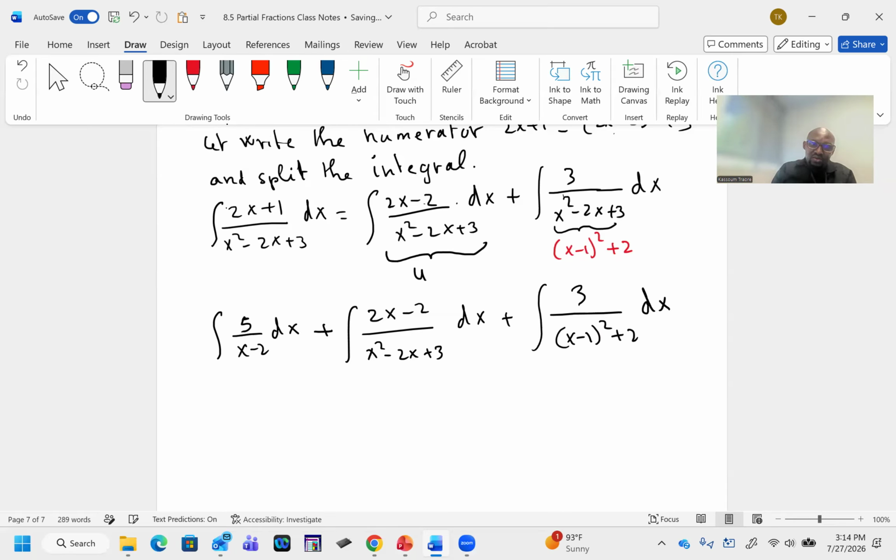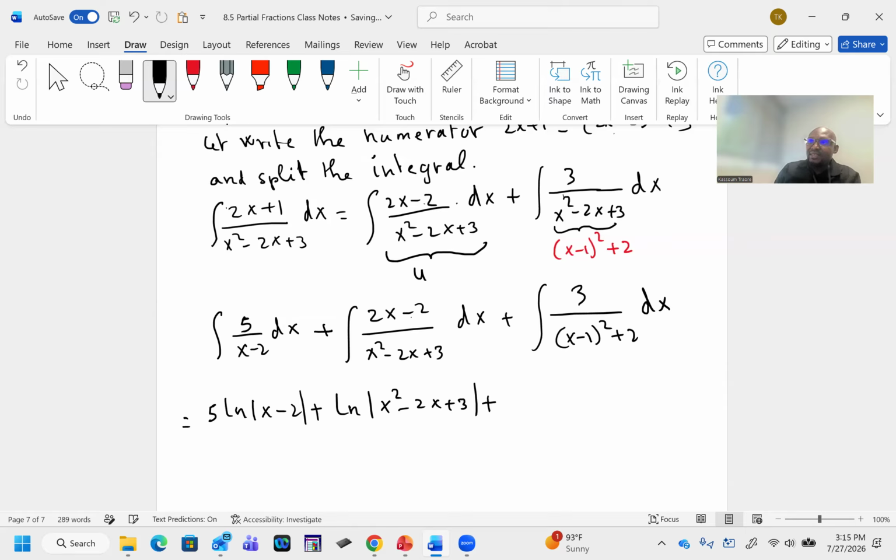So we know the first one will be what? 5 ln absolute value of x minus 2. And this is what? 1 divided by u du, right? What is our u? x squared minus 2x plus 3. So this one also will give me ln of absolute value of x squared minus 2x plus 3, right?